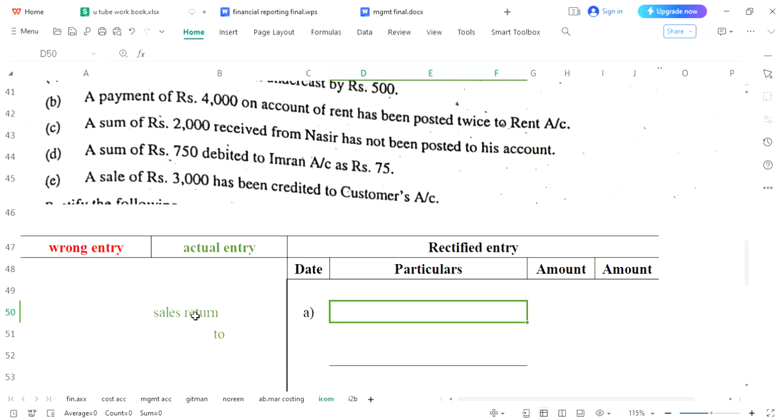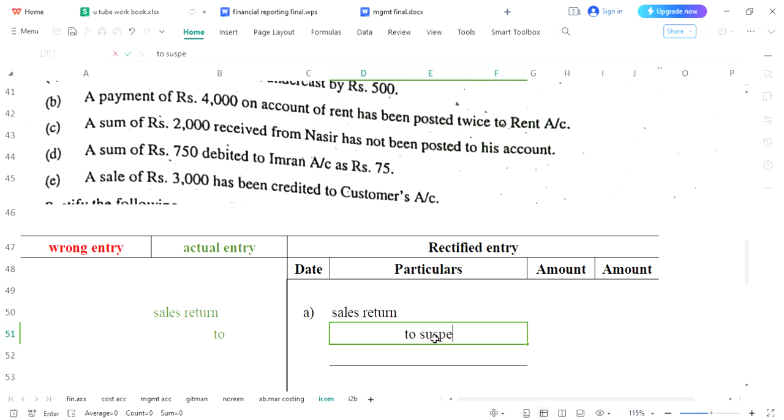In undercast, we write at the same place. So sales return would be written on debit side in rectified. Now there is nothing to be written over here.